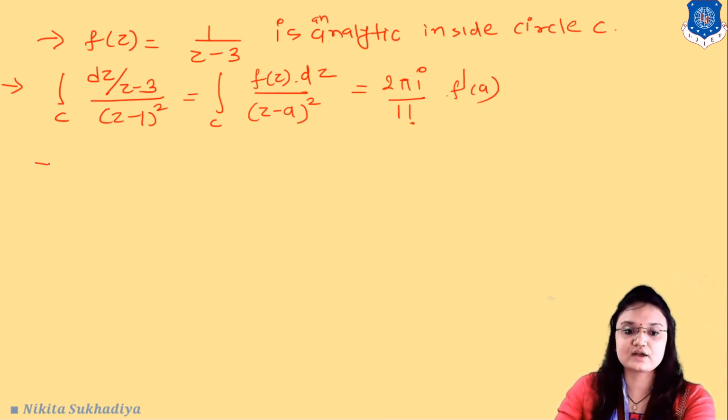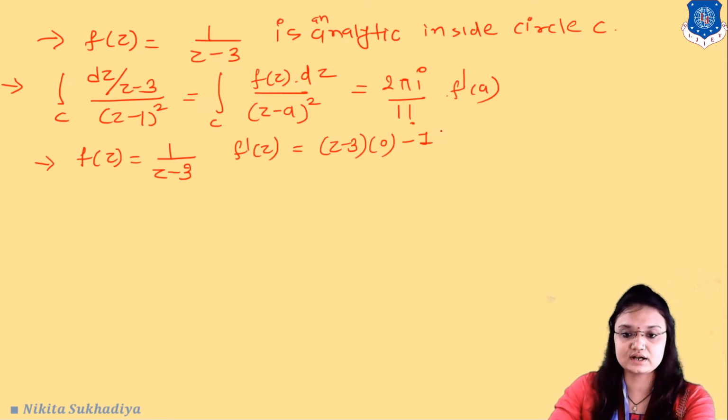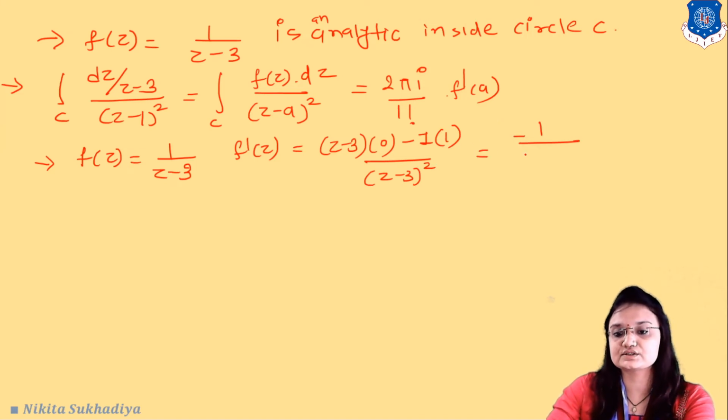Here f(z) = 1 upon z minus 3, so f dash of z is: denominator constant, derivative of numerator 0, minus numerator constant, derivative of denominator, upon (z minus 3) raised to whole square. So this will become minus 1 upon (z minus 3) raised to whole square.